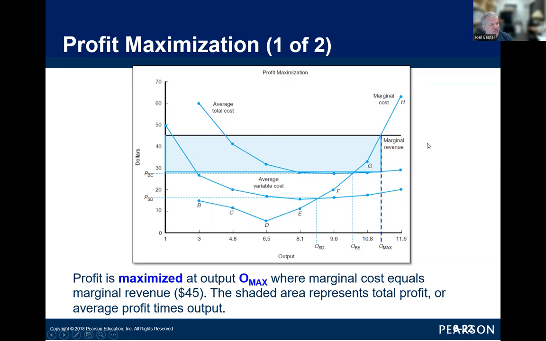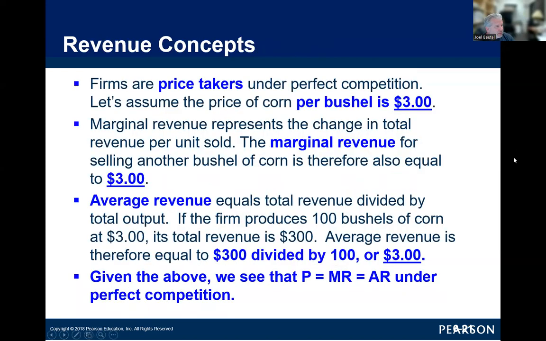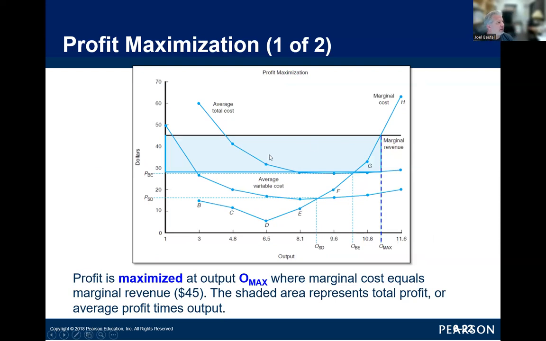So we've got our marginal revenue line at 45, marginal cost equals 45 at this point.